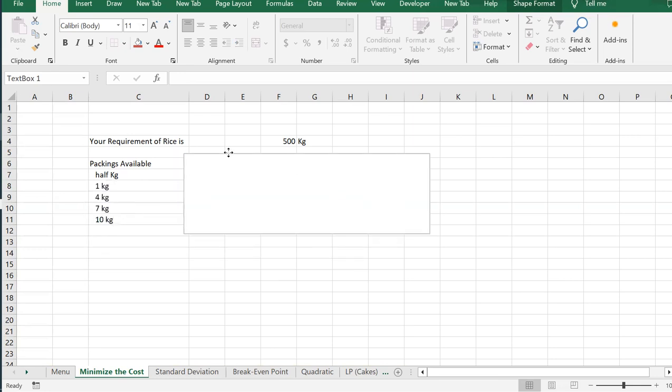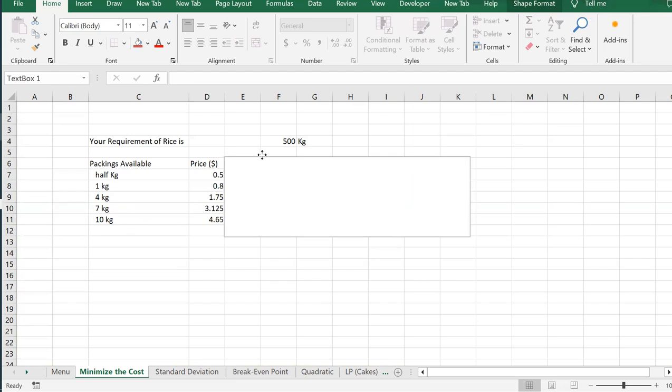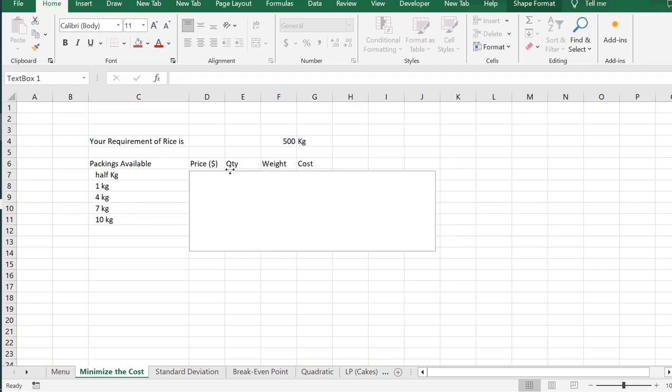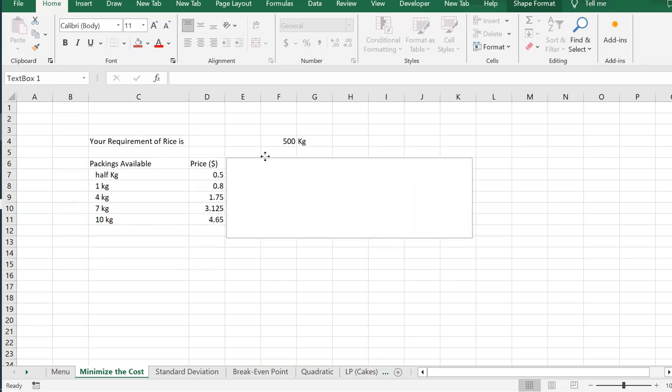So first of all, you have to decide what columns are necessary in your situation. First is the packaging available: the half kg, 1 kg, 4 kg, 7 kg. So the first column is the packagings which are available, right? The second column is going to be the price. So each packaging has a different price, and mostly the higher the size, the greater discount you have, right?